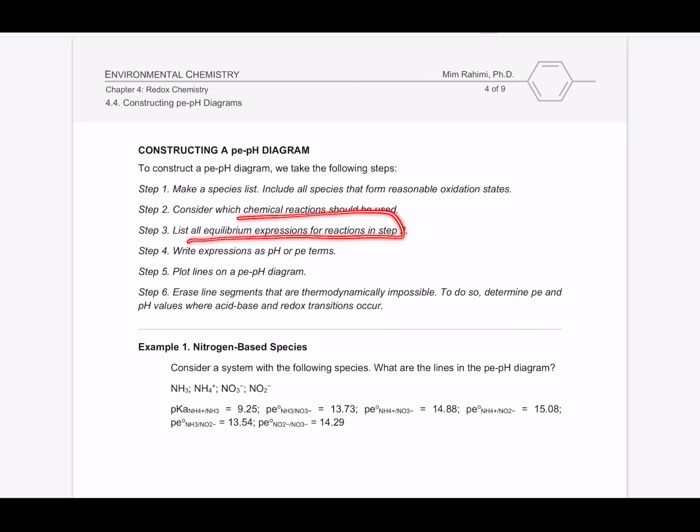Then list all the equilibrium expressions. Then talking about the equation of the line, so this would be basically step 4. Then plot the line. Then this would be a pretty easy task. But this part, step 6, is probably the trickiest part, which is to erase a part of the line that is thermodynamically impossible.